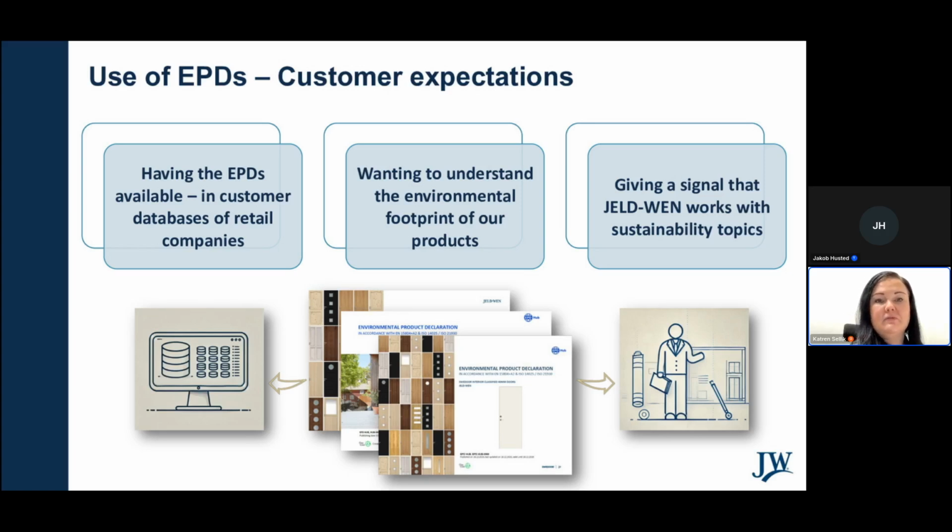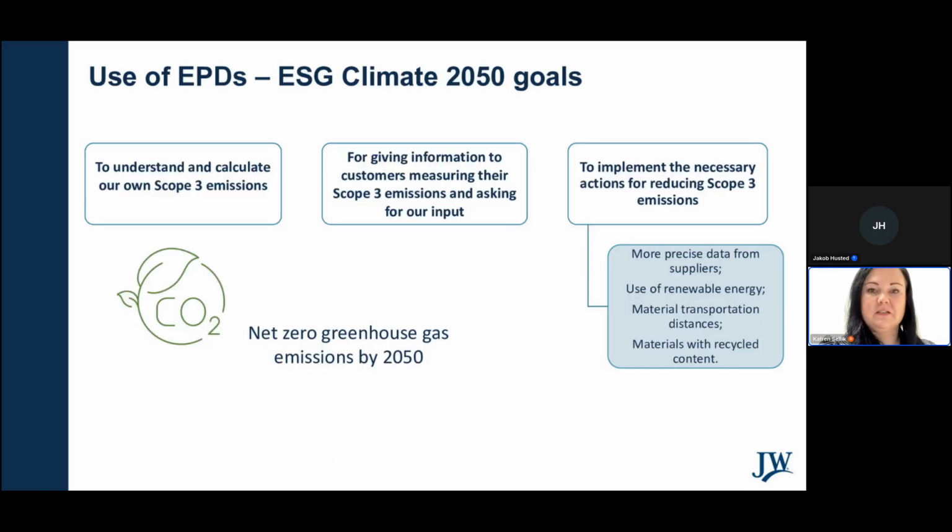And as I already said, it gives a broader understanding of whether a company is working with sustainability topics or not. So yeah, that was about the customer expectations.